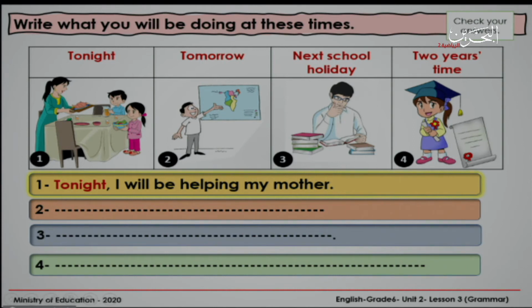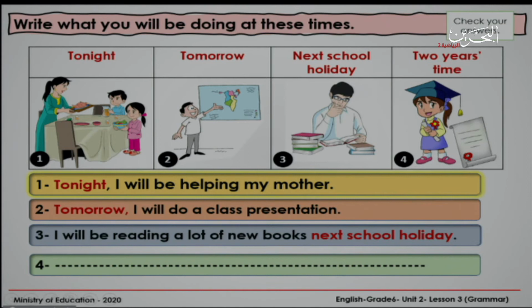Tonight, I will be helping my mother. 2. Tomorrow, I will do a class presentation. 3. I will be reading a lot of new books next school holiday. 4. I will finish primary school in 2 years' time.